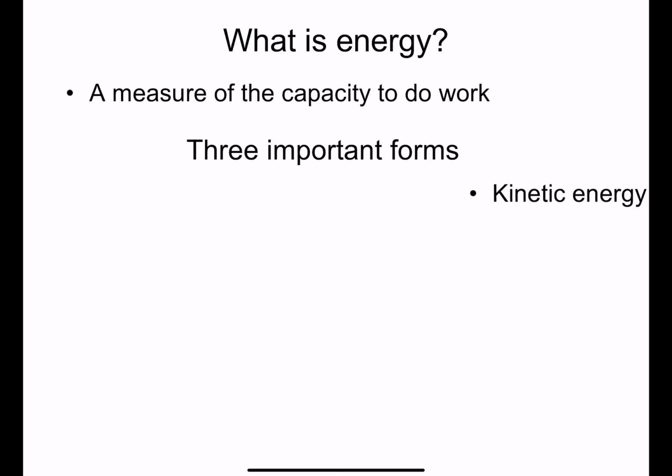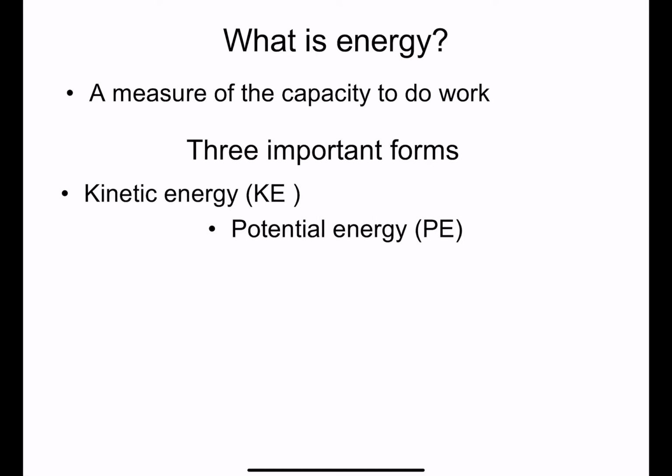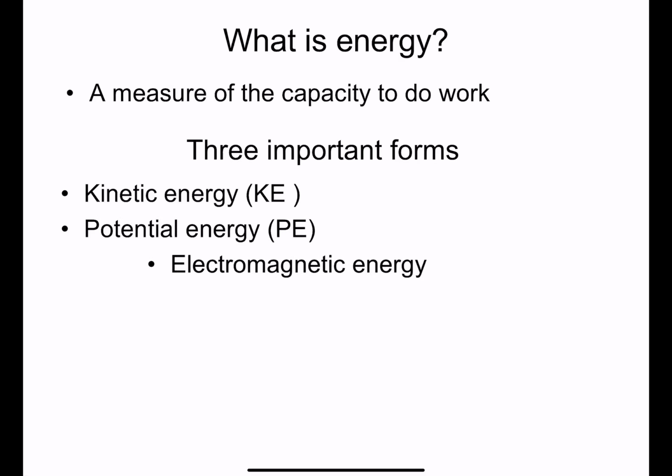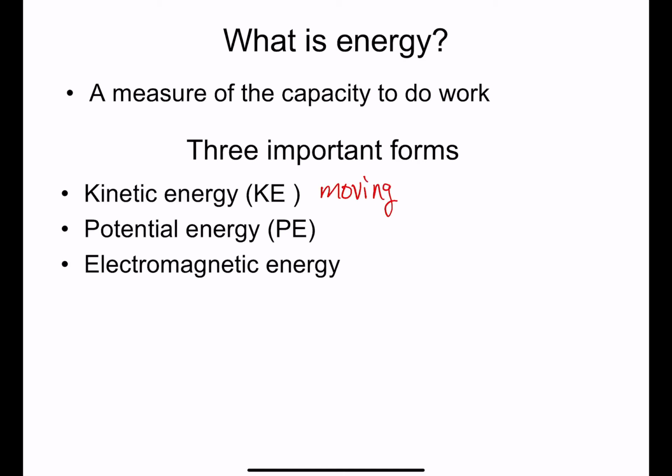And let's talk about 3 important forms of energy: kinetic energy, potential energy, and electromagnetic energy. So kinetic energy is the energy something has because it's moving. So kinetic energy is dependent on the mass of the thing and the velocity squared.